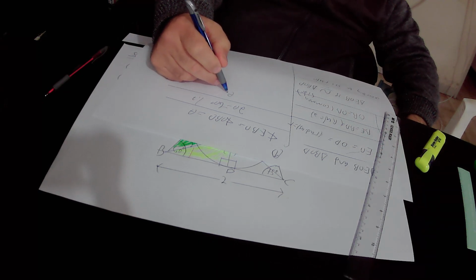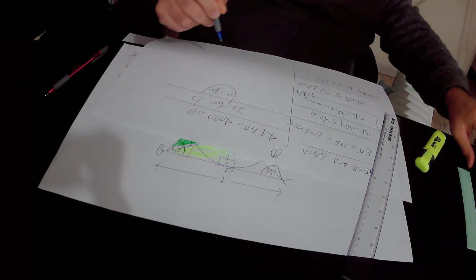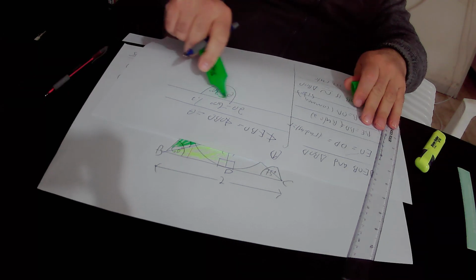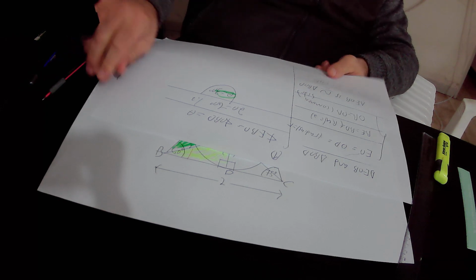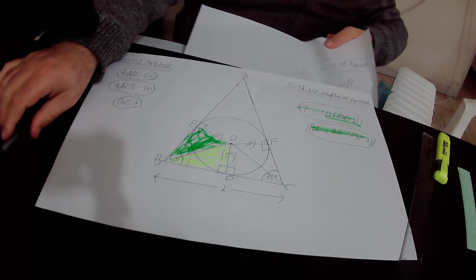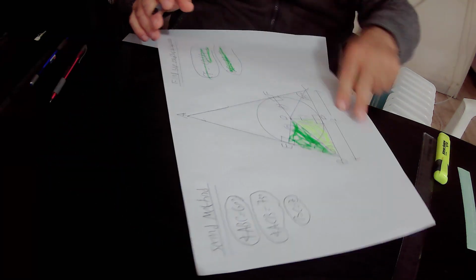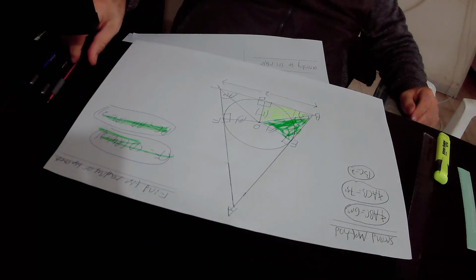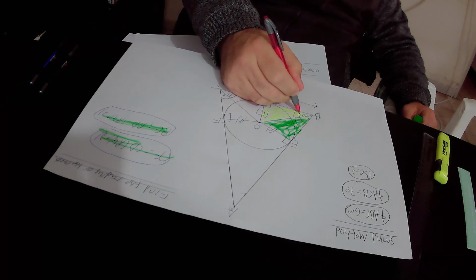And finally we get that angle theta equals 60 degrees over 2, which is 30 degrees.